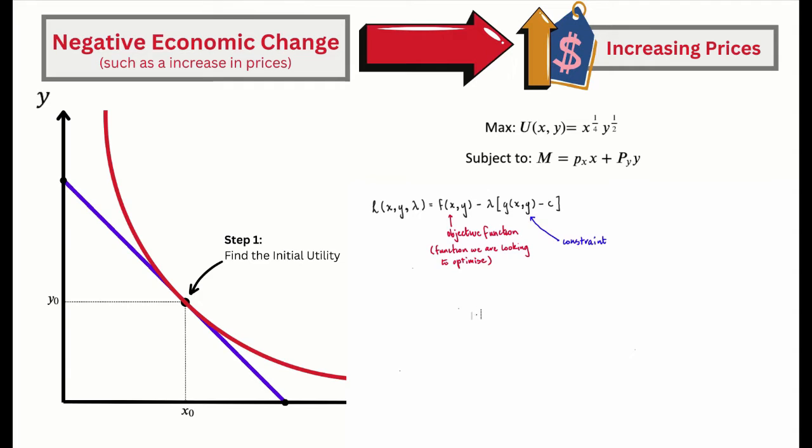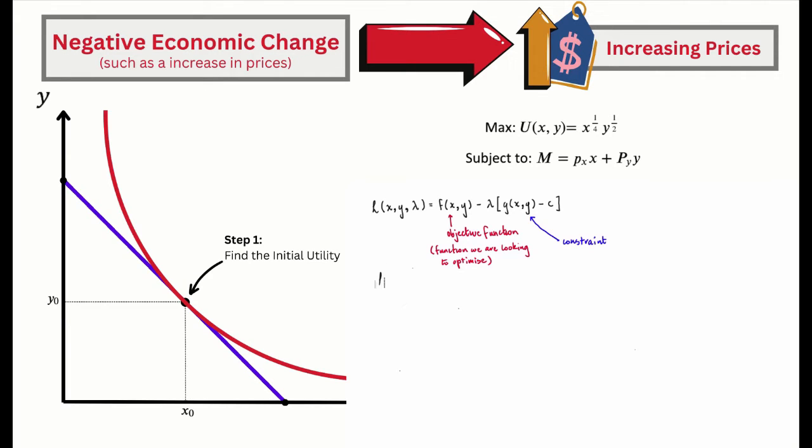Our first step is finding Toni's initial utility prior to the price change. Initially, Toni will try to maximize the utility she derives from the consumption of the two goods, and as a result, we're going to maximize her utility subject to her income constraint. Those two functions, both the objective function and the constraint, fit into the Lagrangian like so.